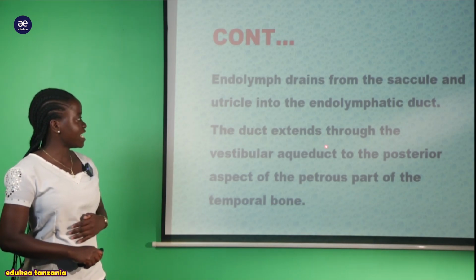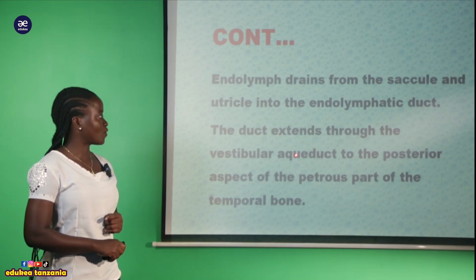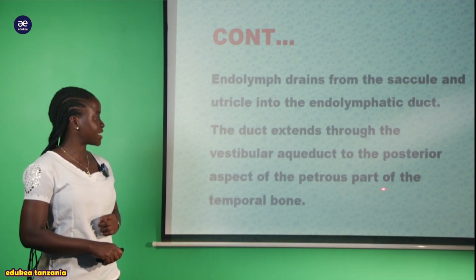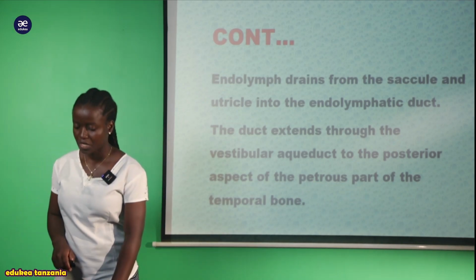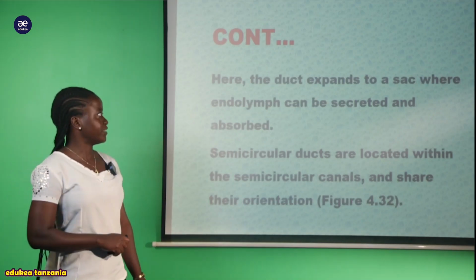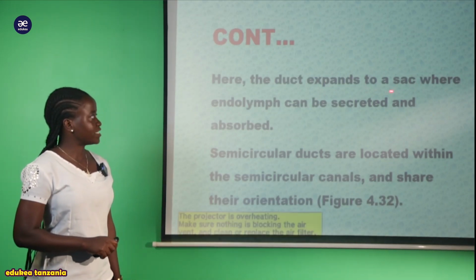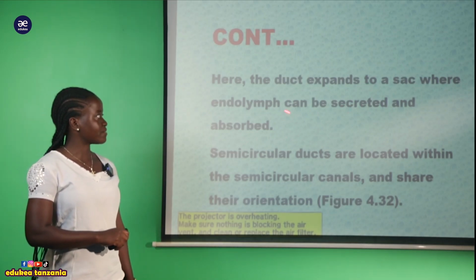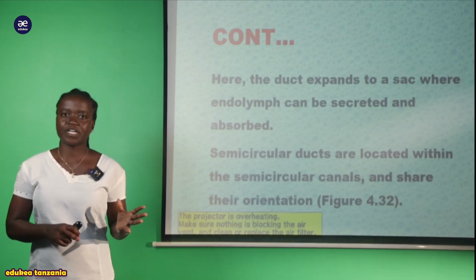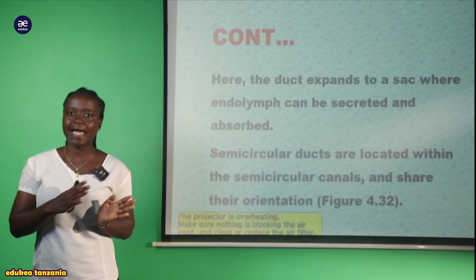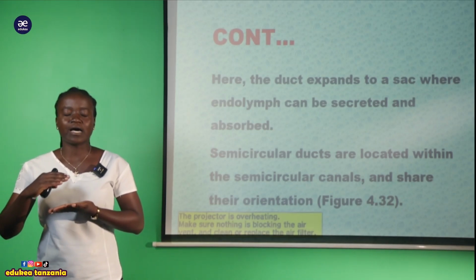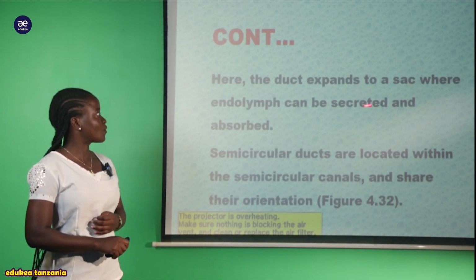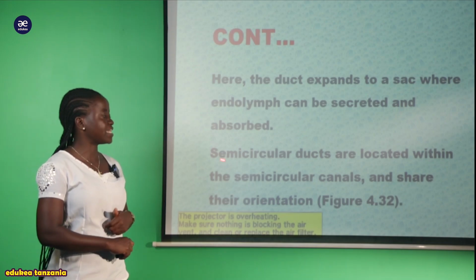And also the duct extends through the vestibular aqueduct to the posterior aspect of the petrous part of the temporal bone. But also you have to know that the duct expands to the sac where the endolymph can be secreted and absorbed. So that is how the structure extends, from the saculi until it reaches the endolymphatic duct. And that is where we have said that it expands to the sac where the endolymph can be secreted and absorbed.